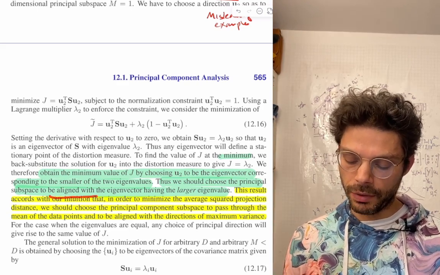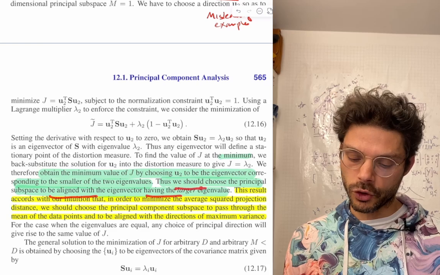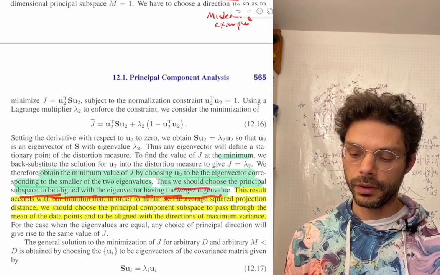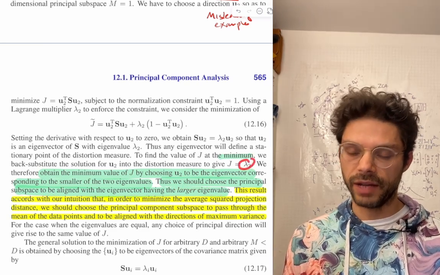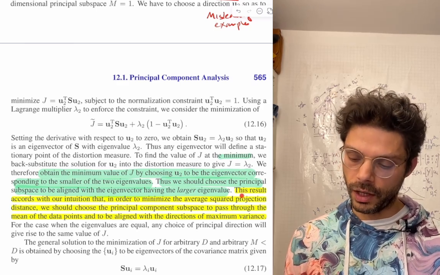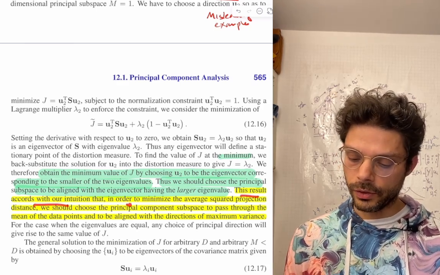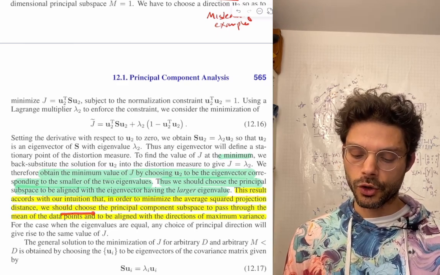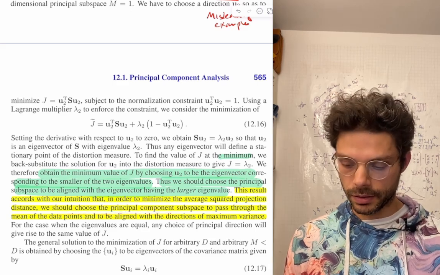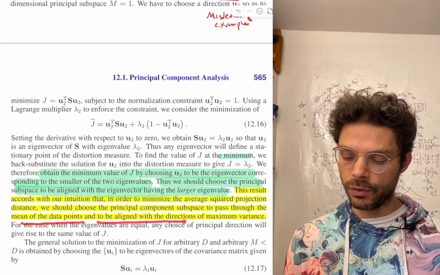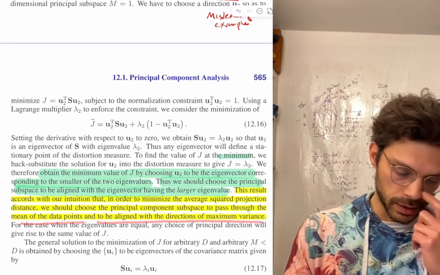So we should choose the principal subspace to be aligned with the eigenvector having a larger eigenvalue, so that what's left is the eigenvector with the smaller eigenvalue, and that's going to be our distortion. So this result accords with our intuition that in order to minimize the average squared projection distance, we should choose the principal component subspace to pass through the mean of the data points and to be aligned with the direction of maximum variance. Exactly.